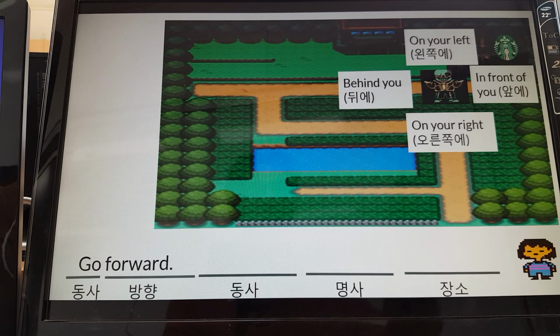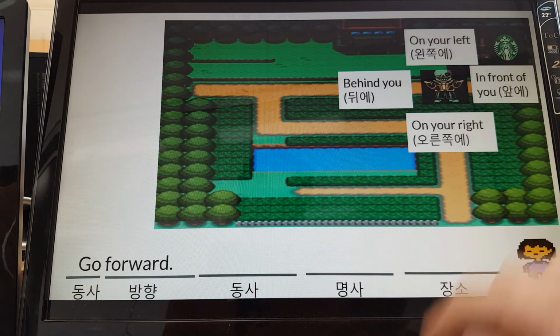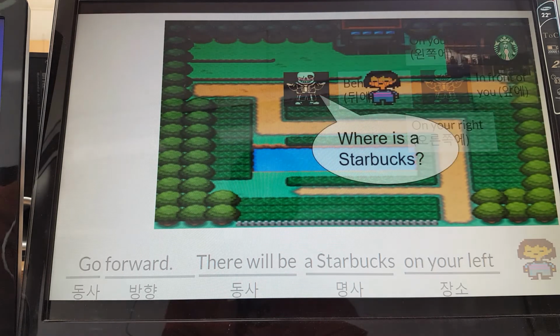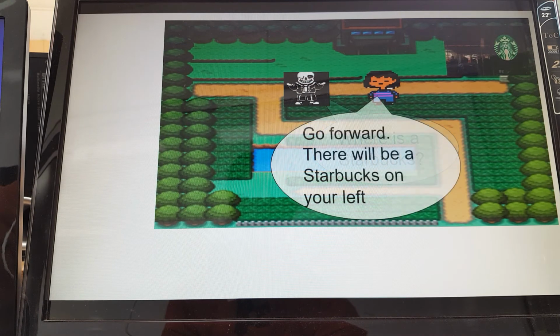Our noun is a Starbucks, and our place on your left. So we say there will be a Starbucks on your left. Go forward. There will be a Starbucks on your left. Like that.